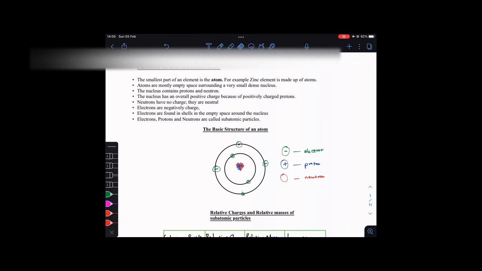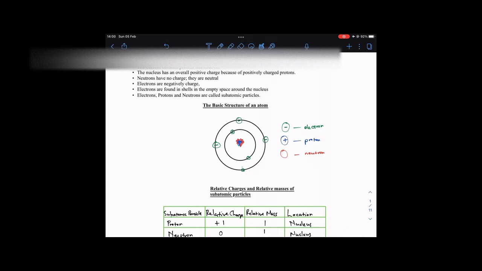The nucleus contains protons and neutrons, and the nucleus has an overall positive charge because of positively charged protons. And then we can also see that the neutrons have no charge. They are neutral, neither positive nor negative.